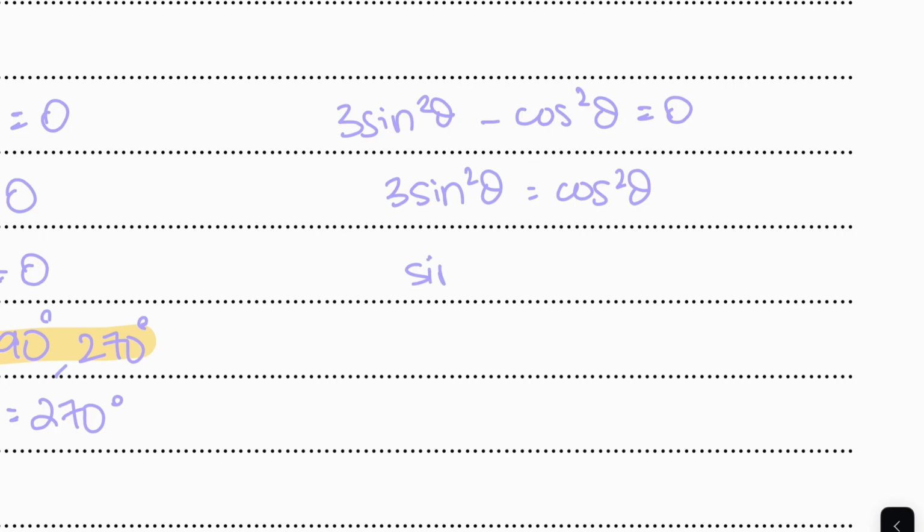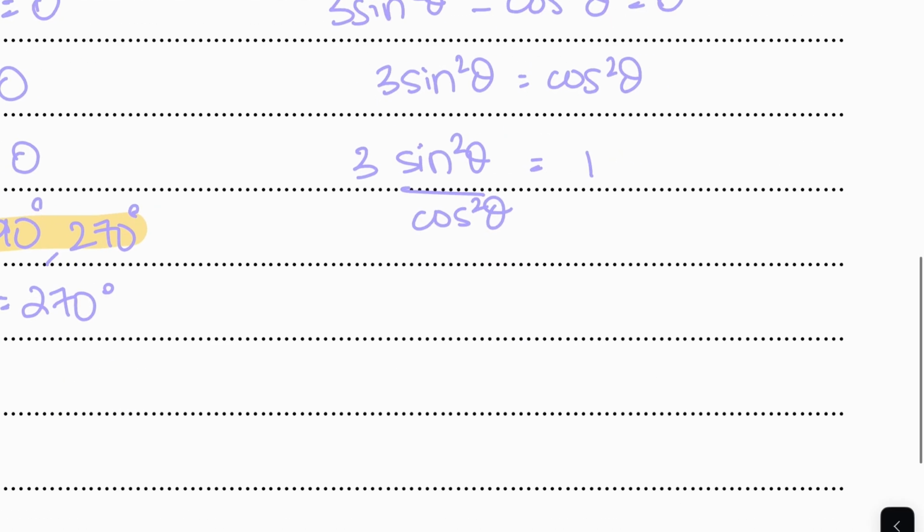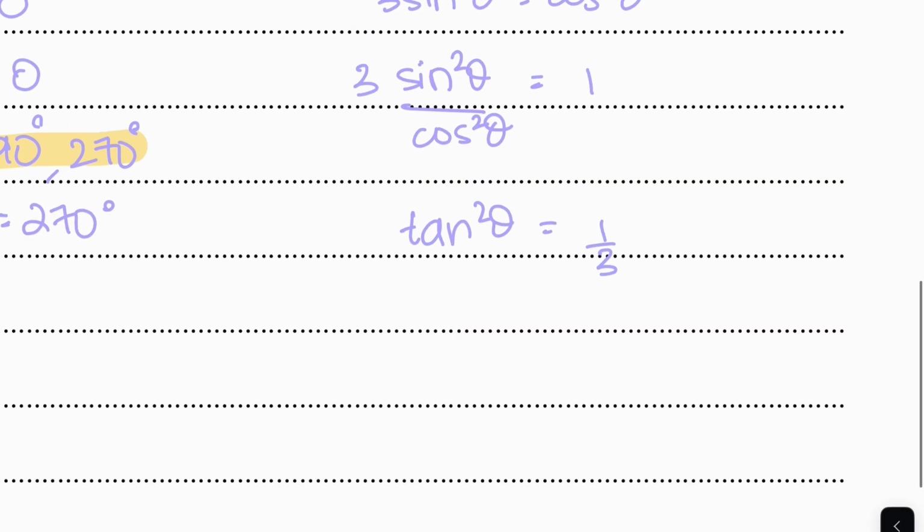So sine square theta over cos square theta, I had 3 here and this will equal 1. Then I will be left with tan square theta. I will send the 3 to the other side to get divided, and then tan theta is equal to plus minus under root 1 over 3, because when we are doing under root, it is important that we take two values with both signs.